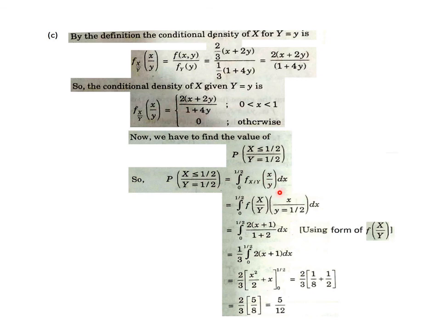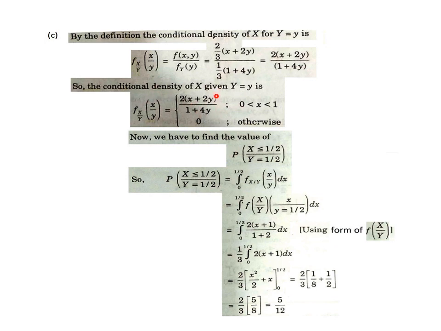So y is to be substituted as 1/2 in these two places, and then x less than or equal to half is actually written as minus infinity to half, but as per the restriction that x lies between 0 and 1, x less than or equal to half means 0 to half. So the limit for x is 0 to half.